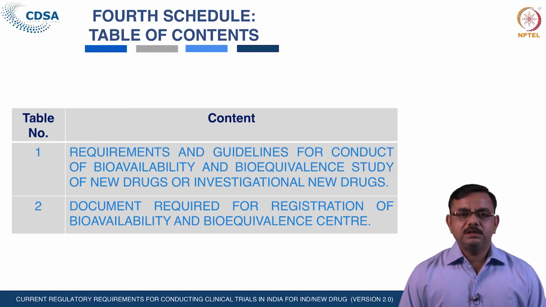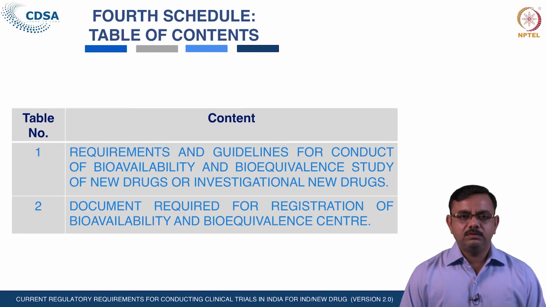These are the contents and the information required to be submitted for the registration of the BA/BE study center. I think I have covered this in one of the lectures related to the BA/BE study center.